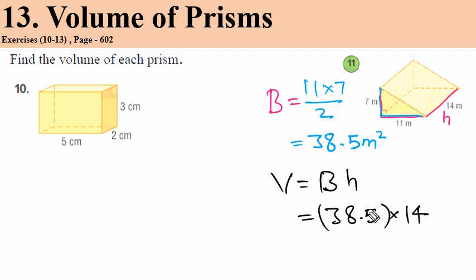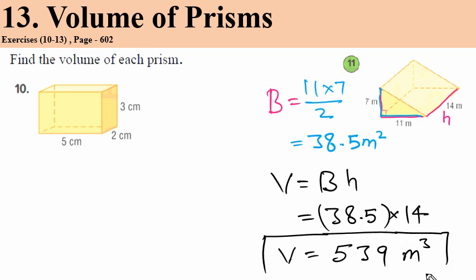Okay, so 38.5 multiply 14 will give you 539. So the volume is 539. The unit is meter power 3 or meter cube. So power 3 is also called as cube, C-U-B-E. So that's how you will find the volume of prism.